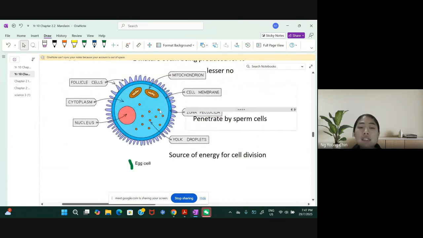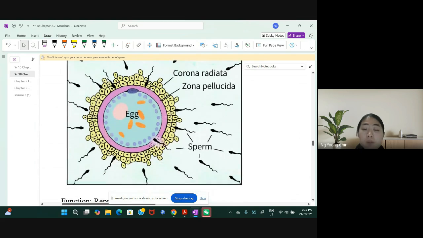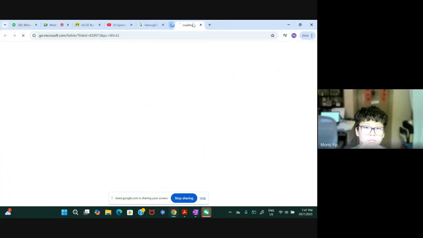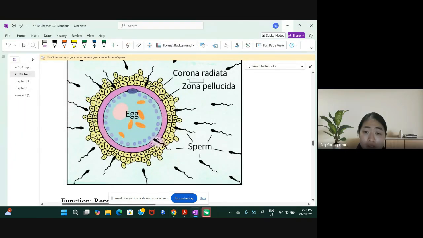And then outside there will be a lot of follicle cells. Follicle cells are just a single layer of cells outside. So remember about this one, the zona pellucida.